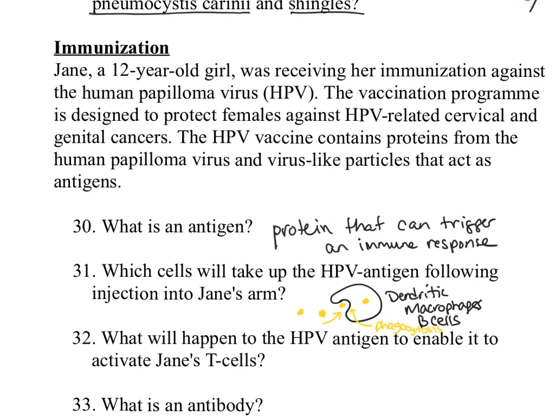32. What will happen to the HPV antigen to enable it to activate Jane's T cells? Enzymes within the antigen-presenting cell split the HPV antigen into smaller peptide fragments. The APC will produce MHC2 proteins, which will bind to the peptide fragments, forming a vesicle.